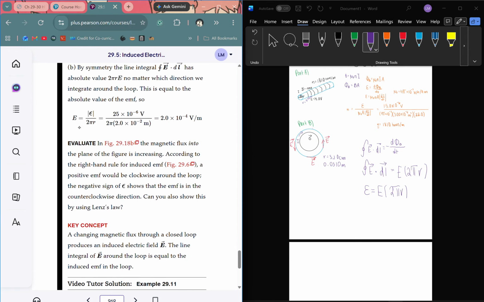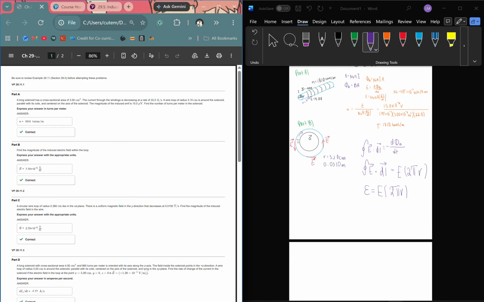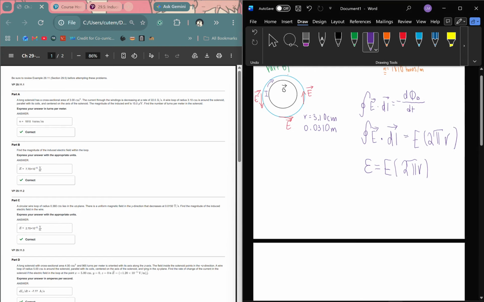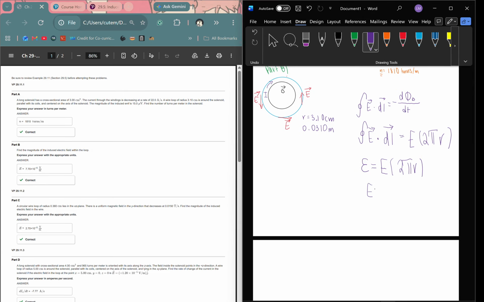So we go right here. That's the formula I wanted to show in the textbook as well. Then the electric field is the EMF over 2 pi r, like I showed in the textbook. So this is the induced electric field, from the induced EMF.